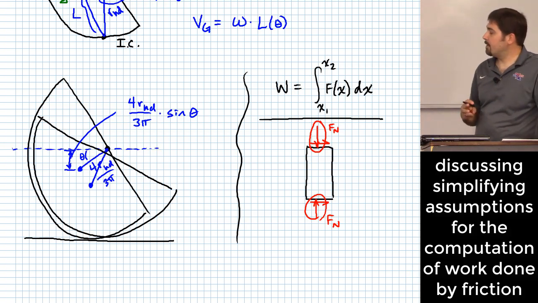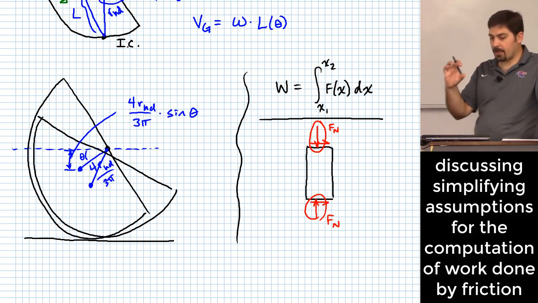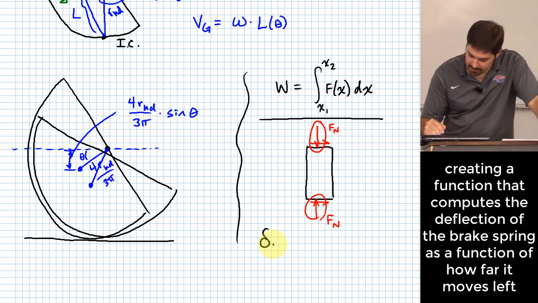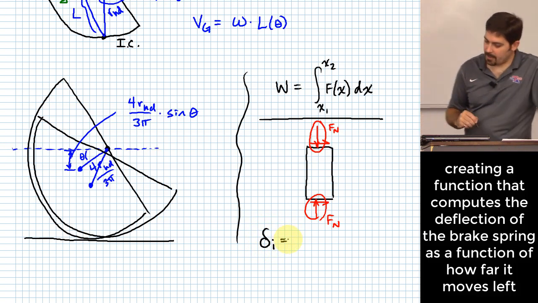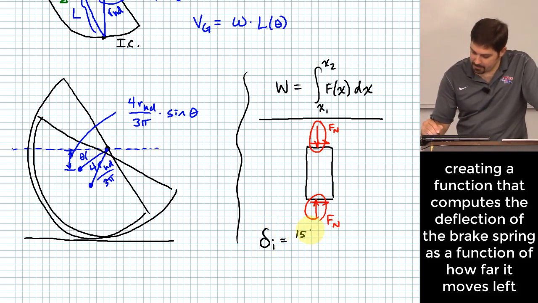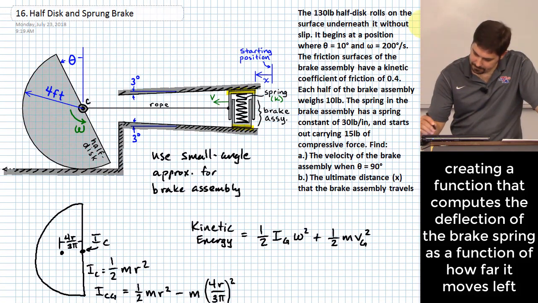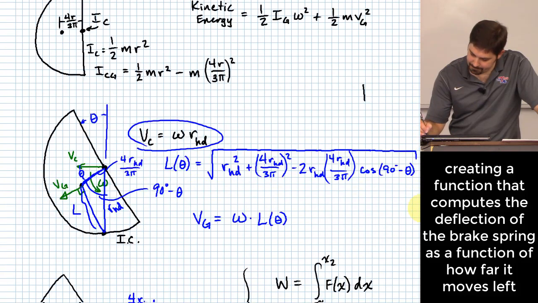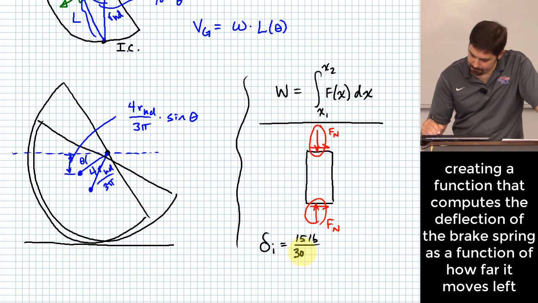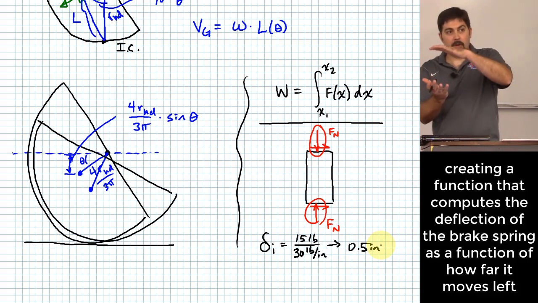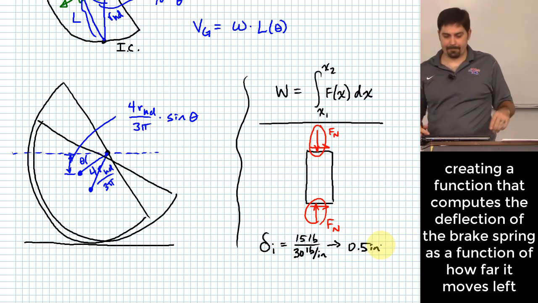Okay? So, I'll start with, what does that mean in terms of deflection of the spring? In other words, what's this initial deflection, delta I? Well, it's going to be 15 pounds over the spring constant, 30 pounds per inch. And what this tells me is that there's a half inch of deflection of the spring already right at the very beginning of the problem.